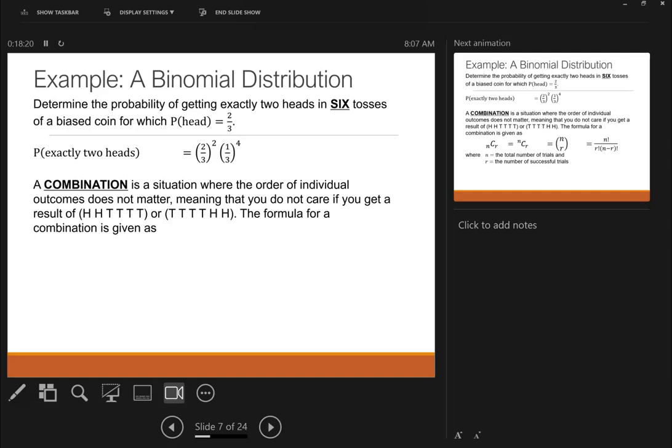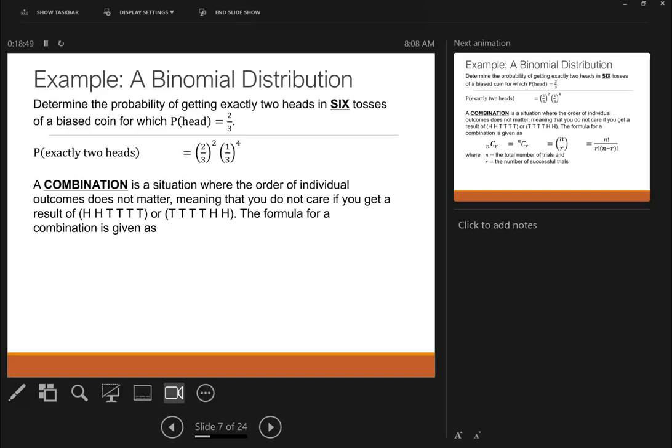Okay, so a combination describes a situation where the order does not matter, meaning that the outcome heads, heads, tails, tails, tails is no different than tails, tails, tails, heads, heads, right?